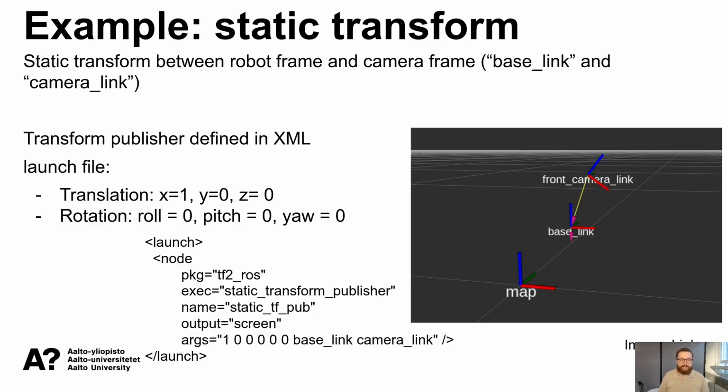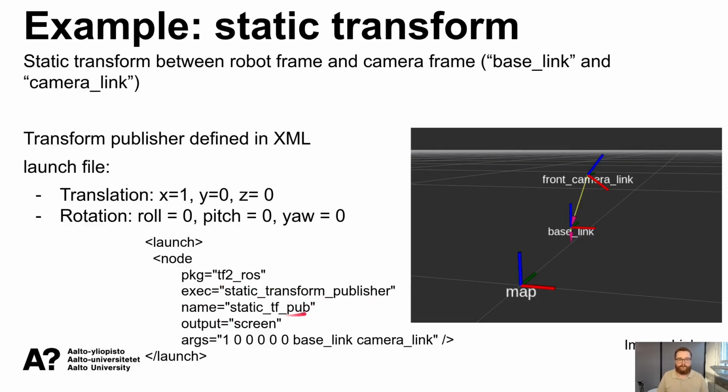How we would define this, if we have an XML-based launch file, as we were talking about previously, is you would create this node, which is from this tf2_ros package, using this executable static_transform_publisher.